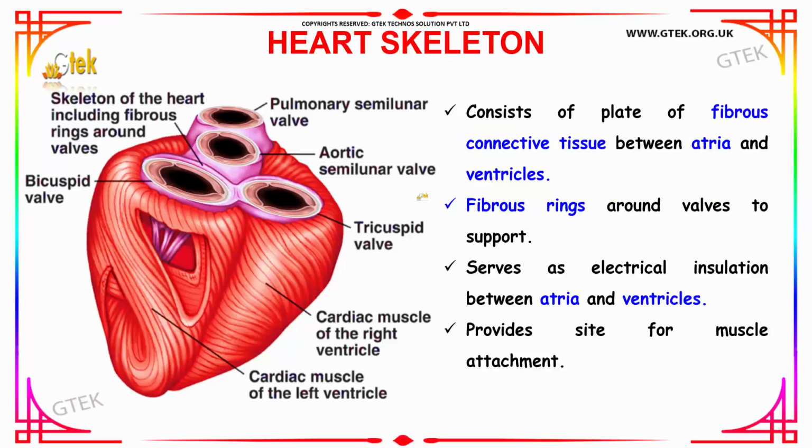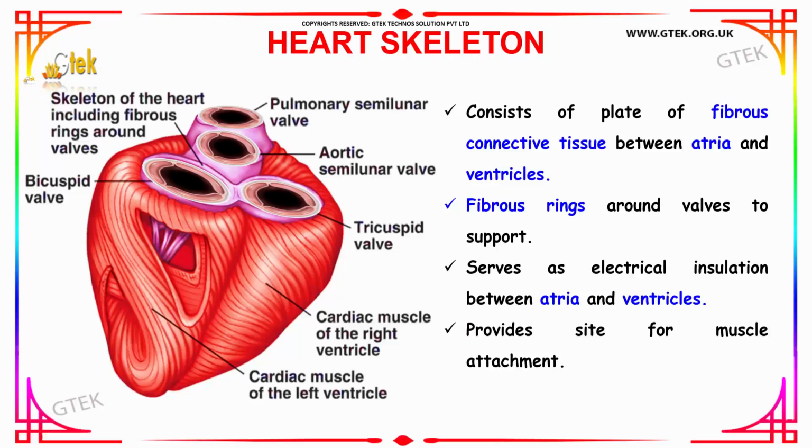This plate of fibrous connective tissue can be found around the valves as fibrous rings to support the movement produced by the heart, and it serves as electrical insulation between the atria and the ventricles. It provides the site for muscle attachment.